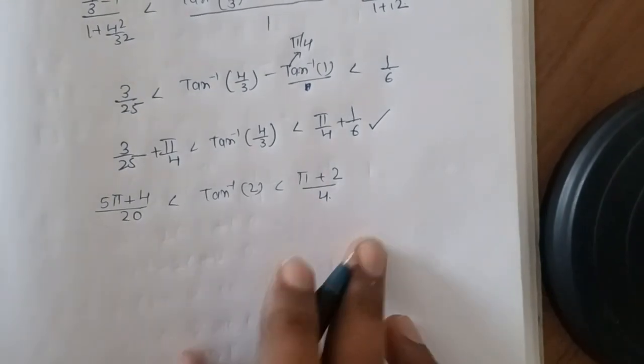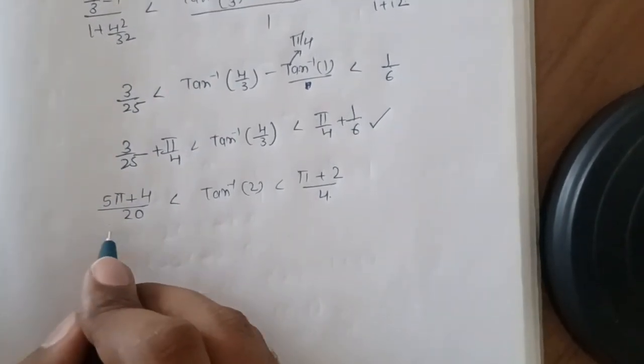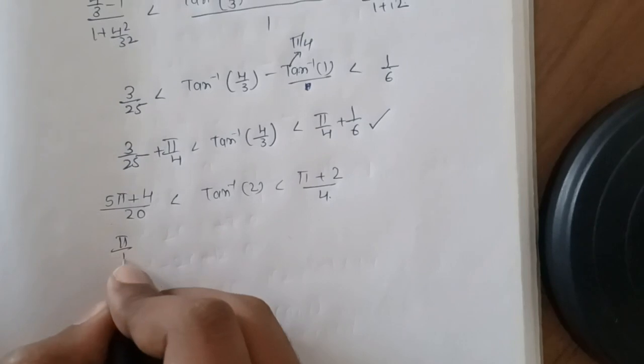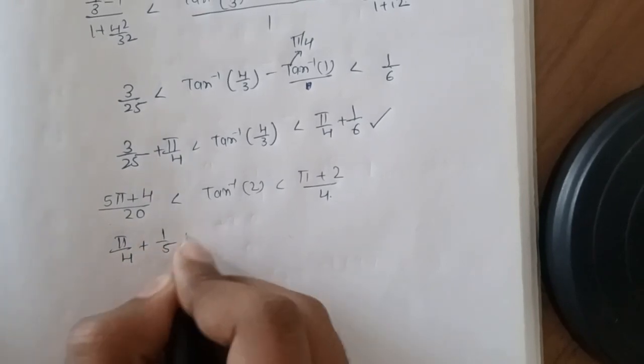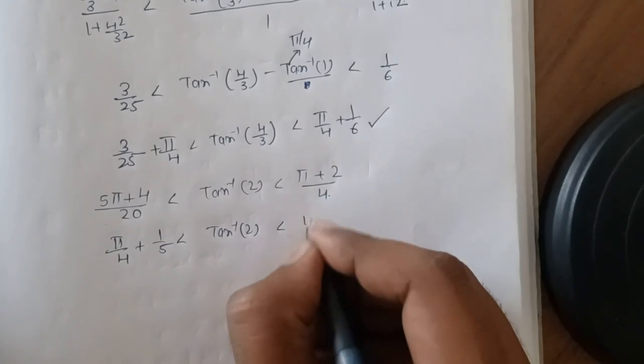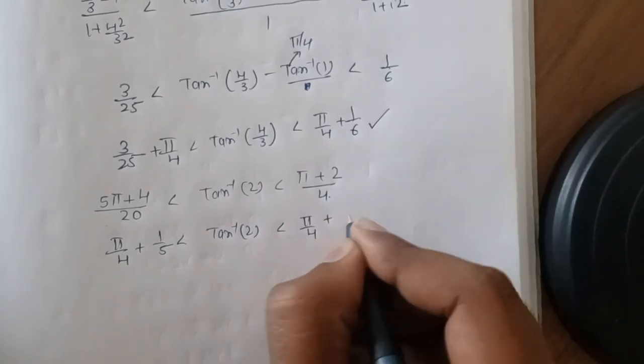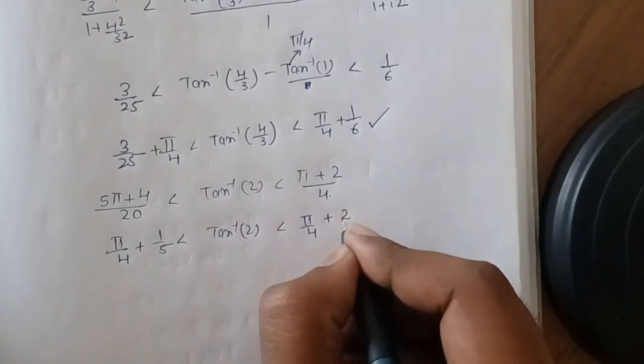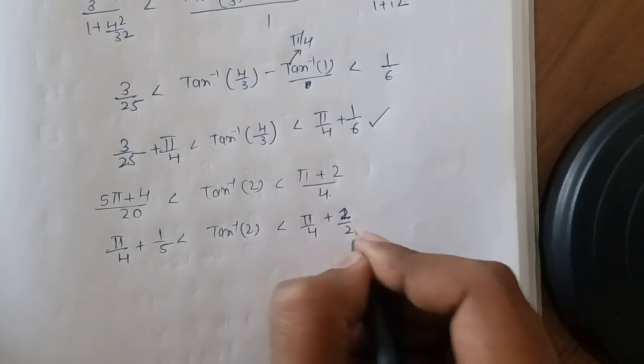Now here we have to separate it. Pi by 4 plus 1 by 5 is less than tan inverse 2, less than pi by 4 plus 1 by 2.